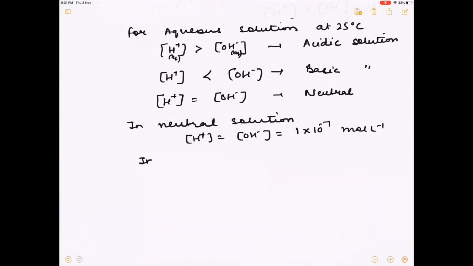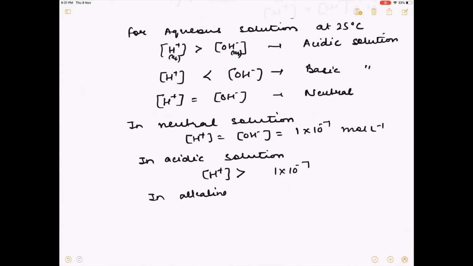Now in acidic solution, H ion concentration is greater than 10 to the power minus 7. In alkaline solution, OH ion concentration is greater than 10 to the power minus 7.